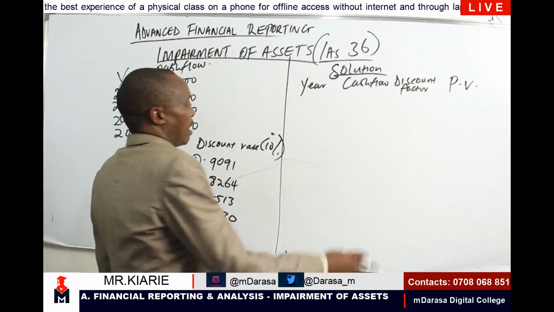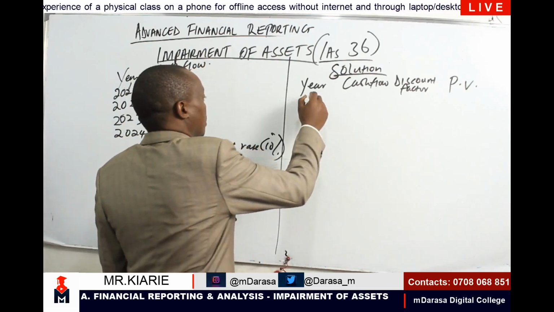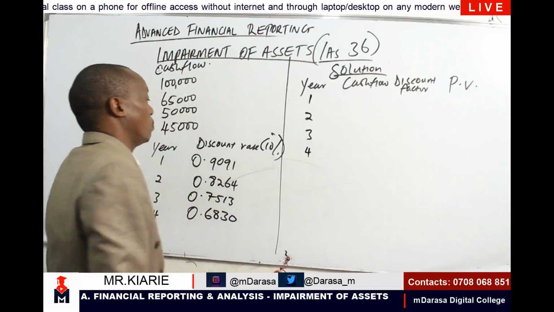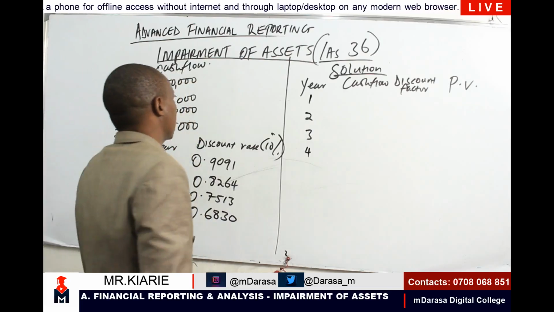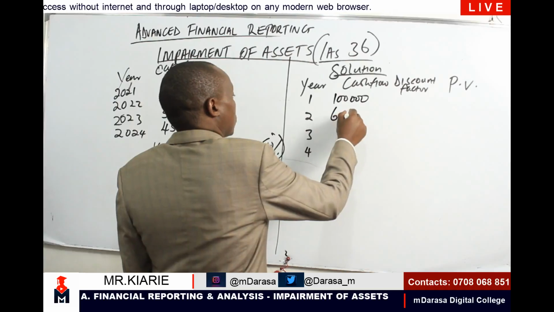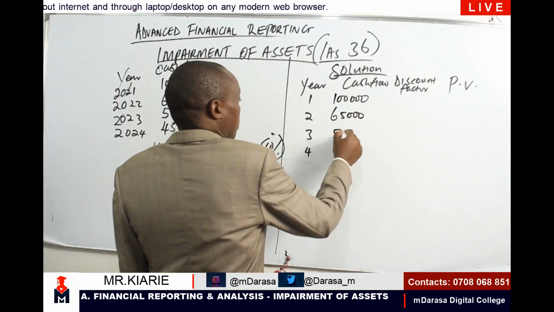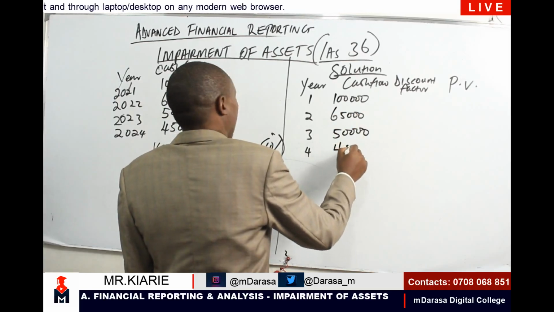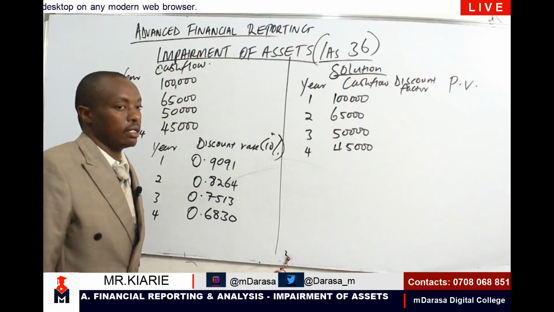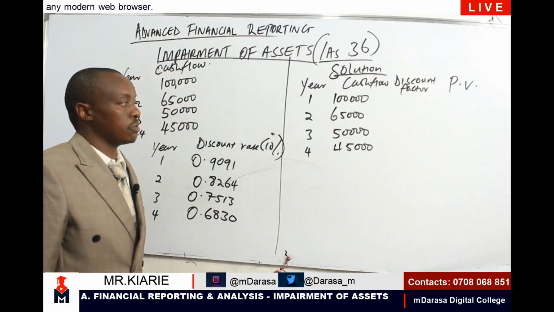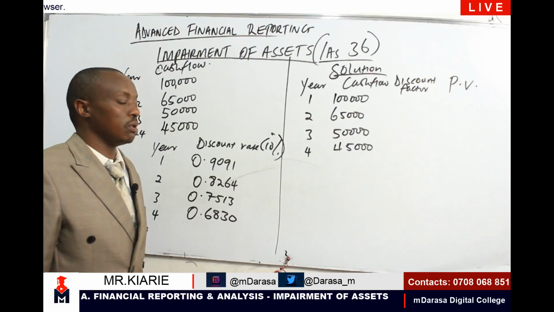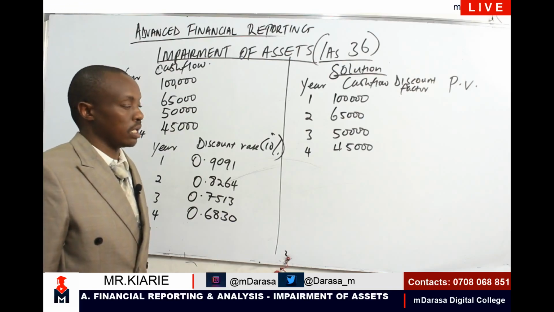We have a further expected life of 4 years, with cash flows running as follows: 100,000, 65,000, 50,000, and 45,000, for year 1, 2, 3, and 4 respectively.